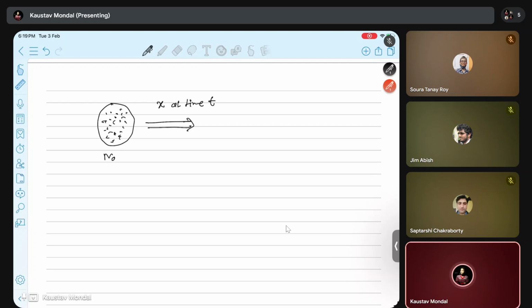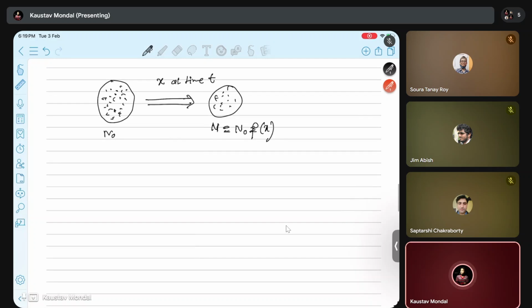So the reduced number of gas molecules that we have, let's suppose, is n. So n is related to n naught by this relation: n equal to n naught into fx.